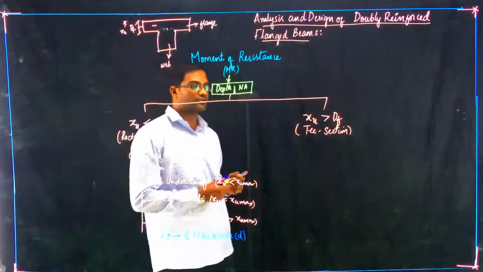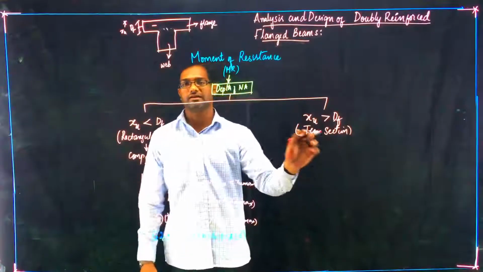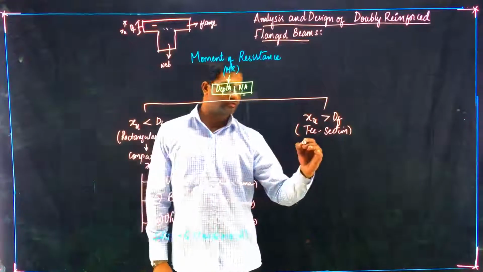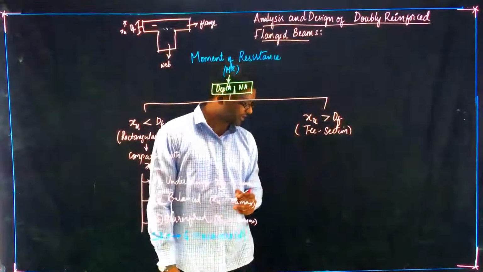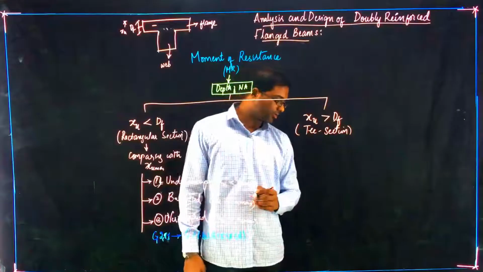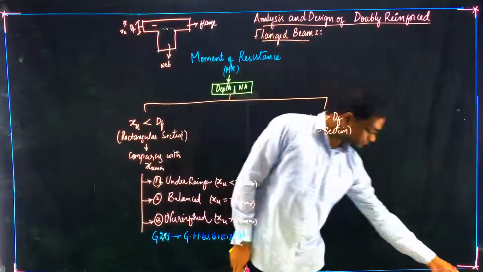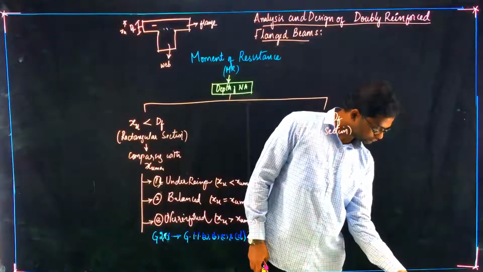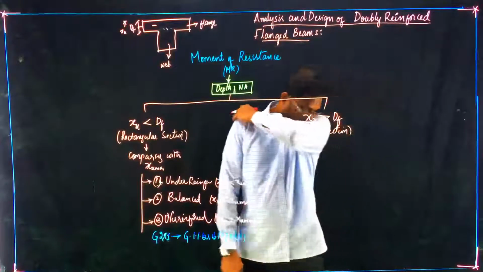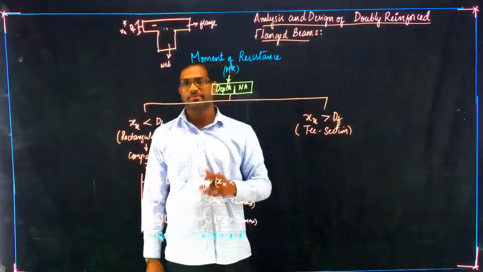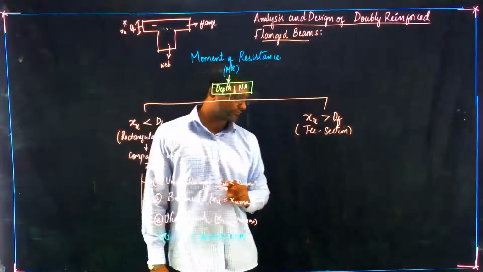Whereas when the neutral axis is in the web, then you again have to categorize based upon the IS code.